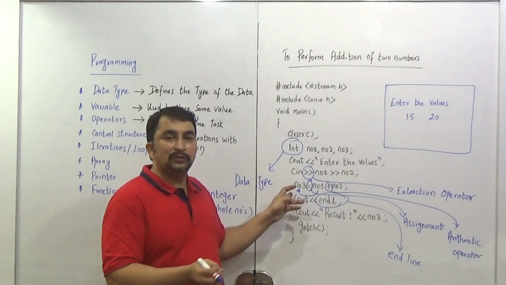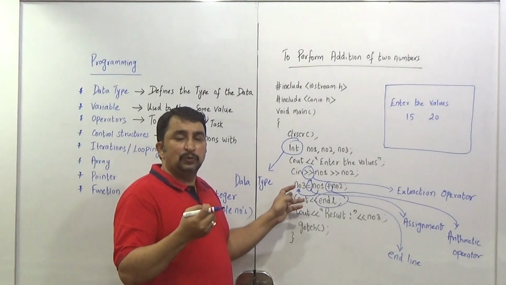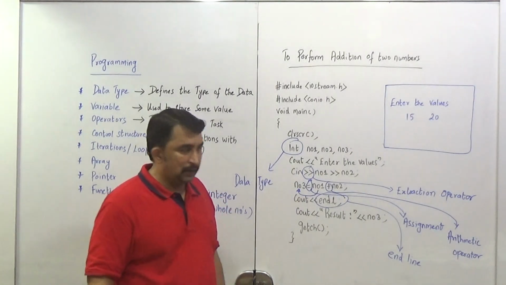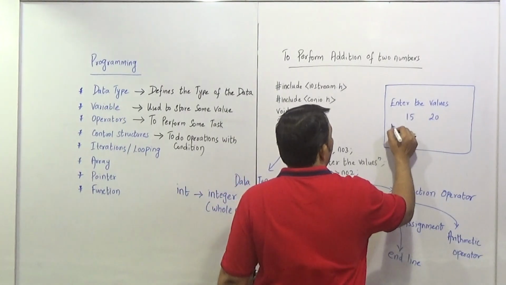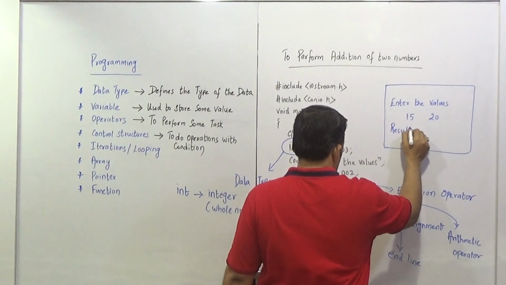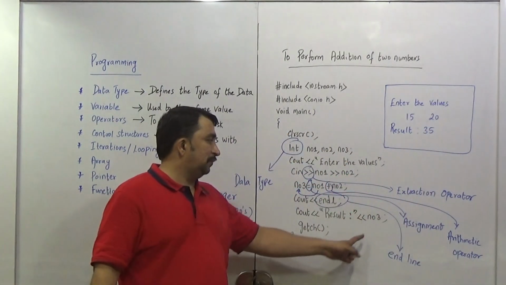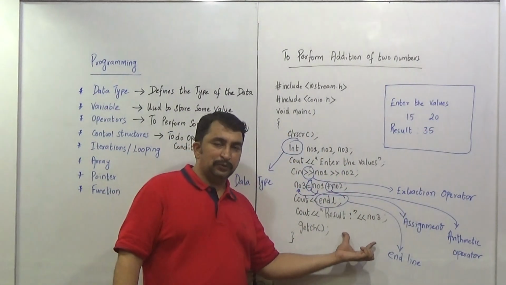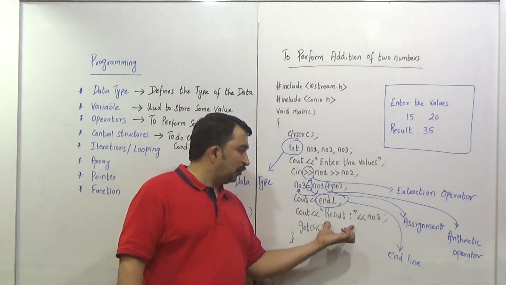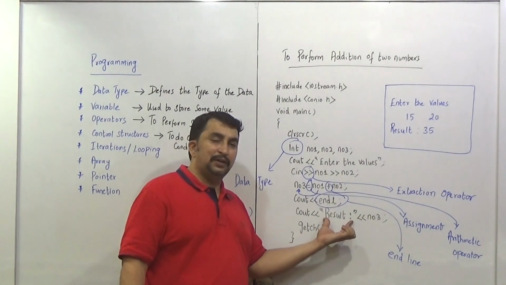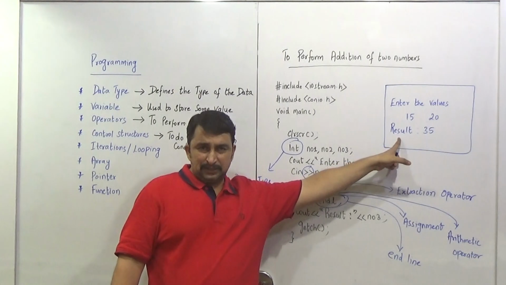Now you need to find out the value which you want to display in the output window: result 35, because this is a variable. See here, find the difference. Whatever you give in double quotes in cout will be displayed as it is.